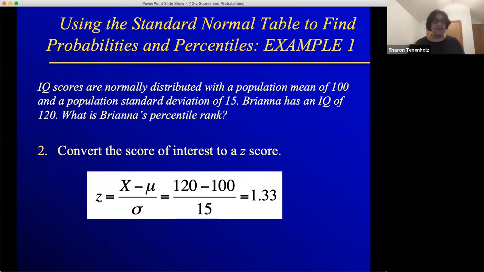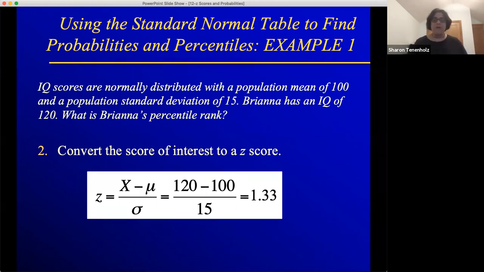Now again, notice that z-scores are rarely whole numbers. I just chose easier examples to start with. So just from looking at this, we can already see that Brianna is a good bit above the mean in terms of her IQ.